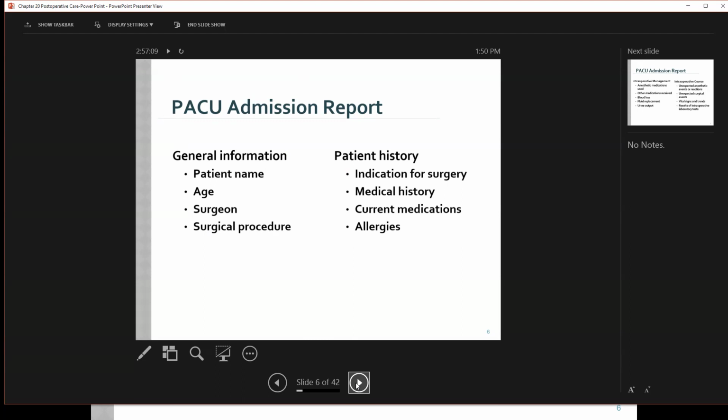An example would be, this is Miss Cindy Smith, a 66-year-old female. She had a screening colonoscopy with Dr. Clark. She did fine and is awake and alert. She is stable and has a 20-gauge IV in the left AC, infusing normal saline at 100 mils per hour, and is on O2 via nasal cannula at 4 liters.